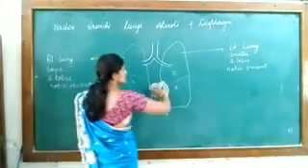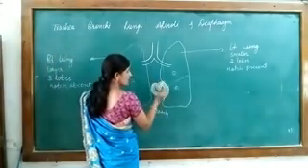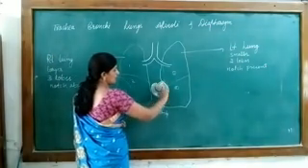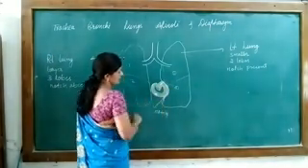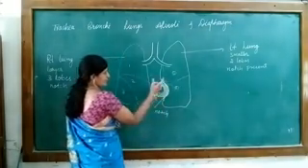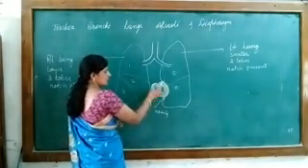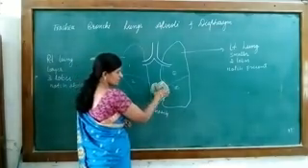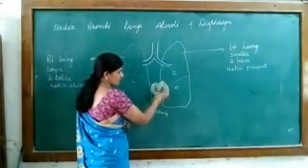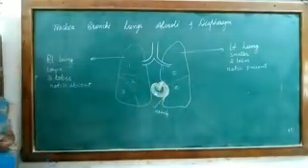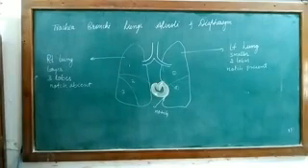Our heart is tilted towards the left side because the notch is present in the left lung. The complete heart won't be on the left side. It is present in between the two lungs, in the mediastinum. Here the notch is present, and in that notch our heart is fixed. So this is the difference between the right lung and the left lung.